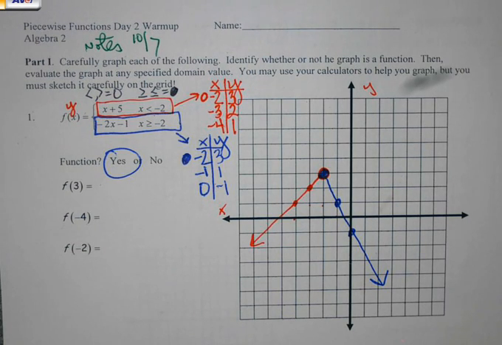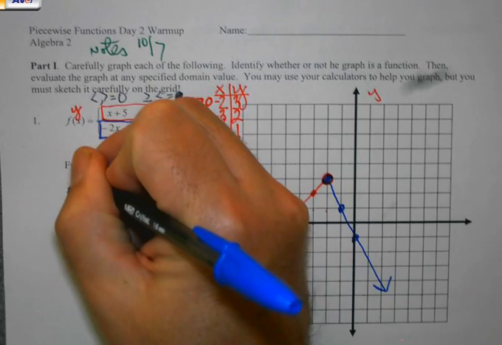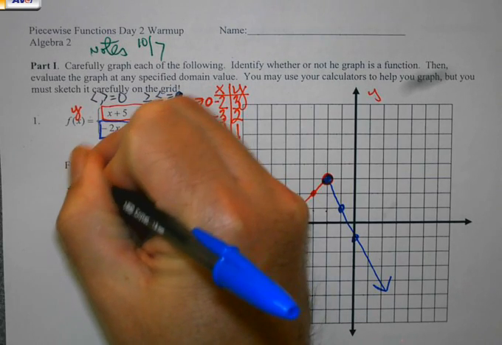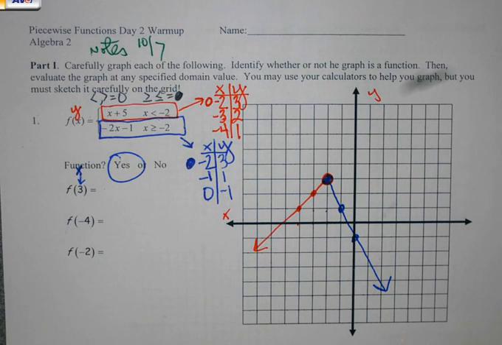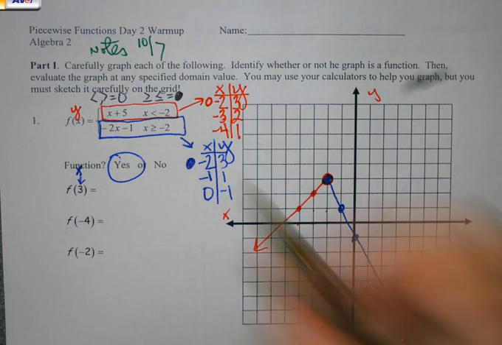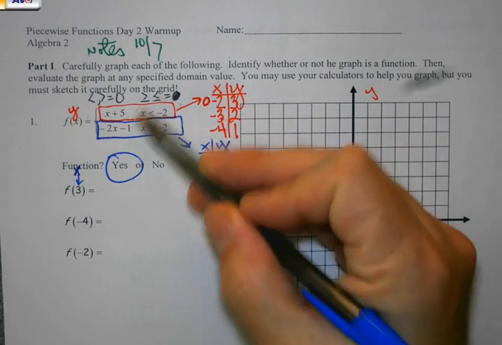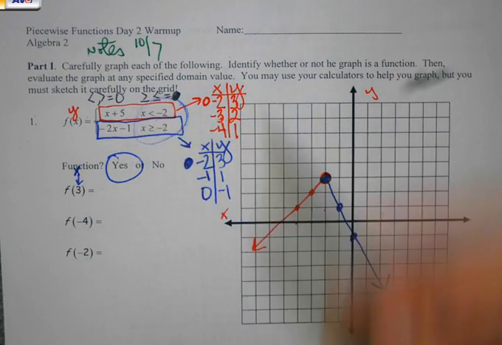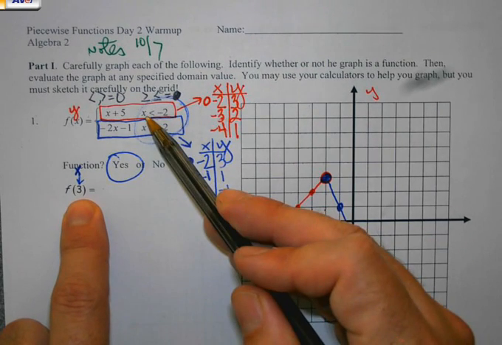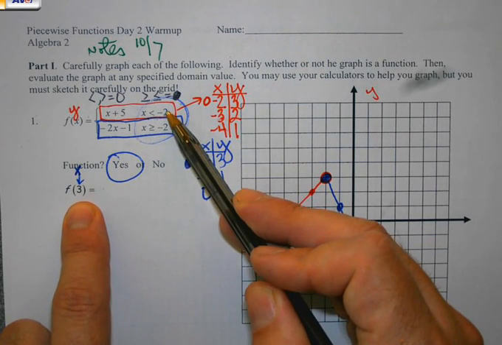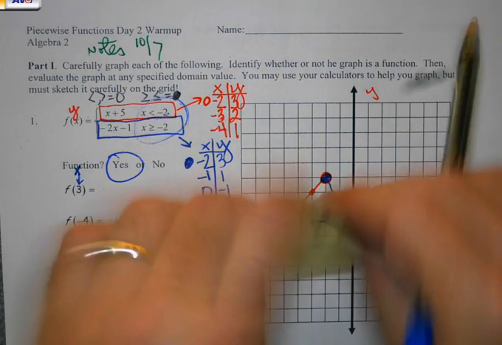And then the last part down here at the bottom, remember, is just asking me, hey, if I have this x value, what number comes out? So we go back to looking at our restrictions. Is 3 less than -2? Well, no. Let's think about that for a minute.